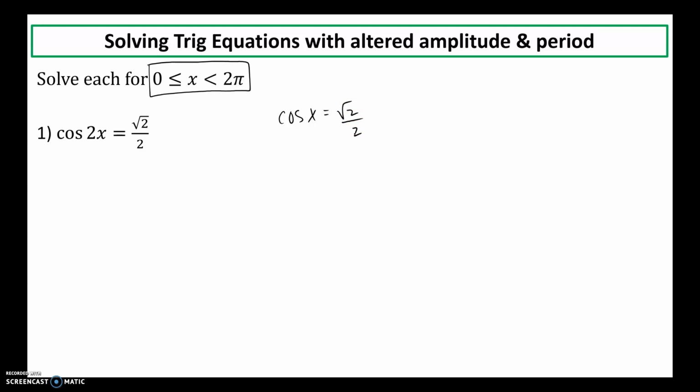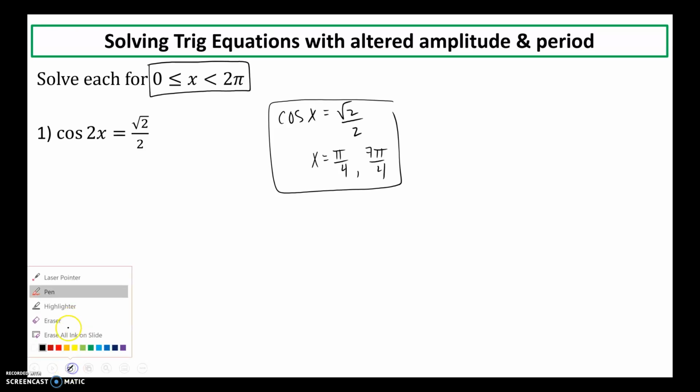Okay, square root of 2 over 2 is a value from my exact value chart. Its reference angle is pi over 4. Cosine is positive in quadrant 1 and quadrant 4, so that would be my answer if I was just solving cosine of x. But check out what's happening here.